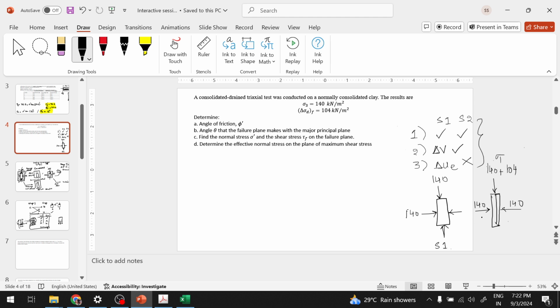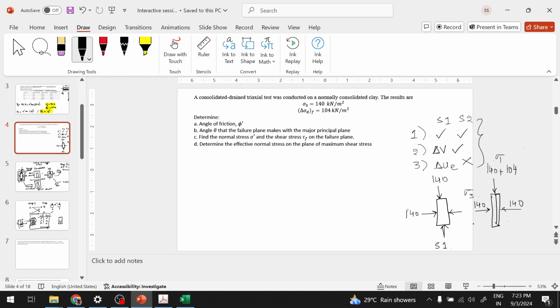Okay, this will be sigma 3. Now we need to determine the angle of friction and angle theta that the failure plane makes with the major principal stress.